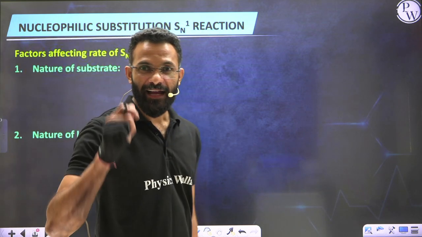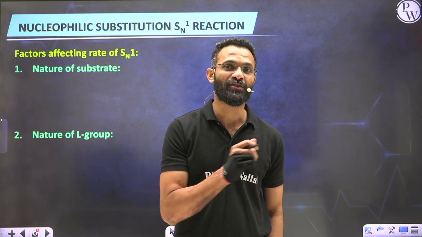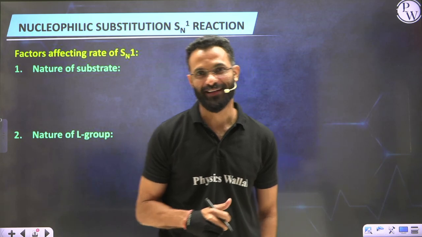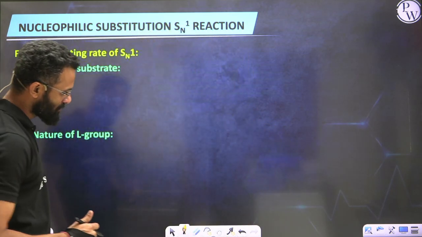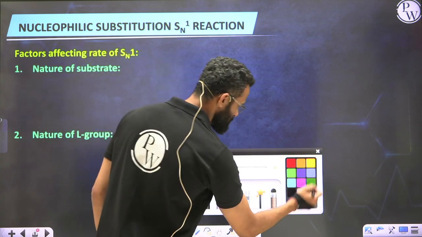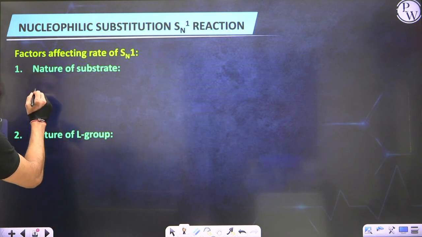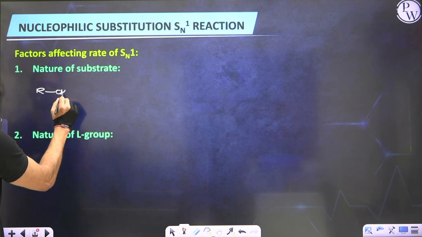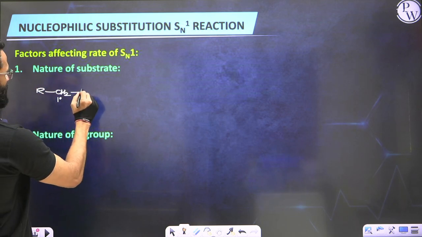Well, why I have been emphasizing the key feature, that is the formation of carbocation, is because that is what is going to help us now to decide the factors. The first factor is the nature of substrate. Let's say I have a molecule where there is a primary carbon, a carbon directly connected to only one carbon, and I'm putting a halogen here.